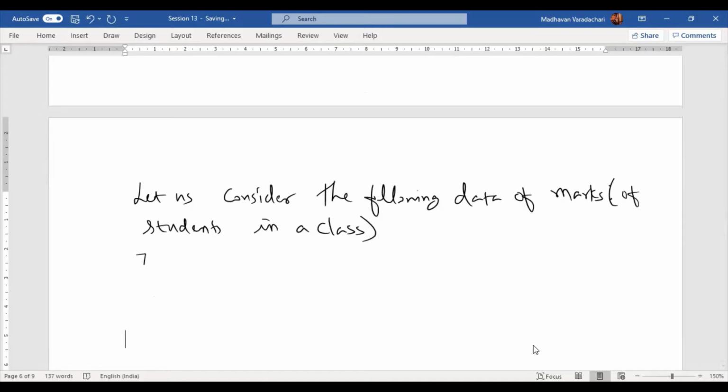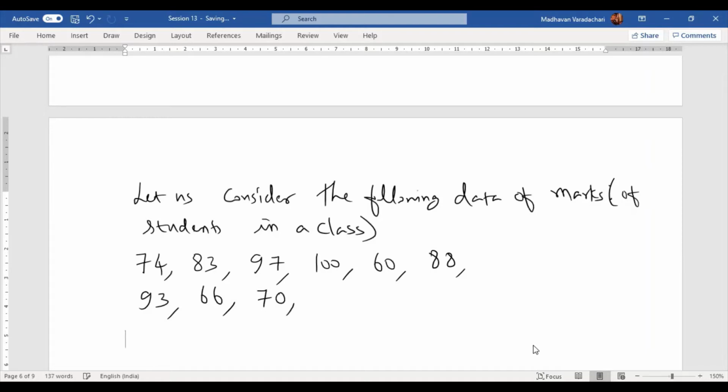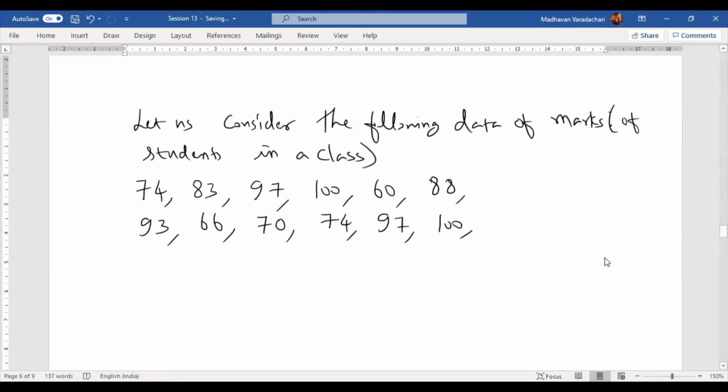So let's say 74, 83, 97, 100, 60, 88, then 93, then 66, 70, and then 74, 97, 100, then 74, 66, 82, then 63, 67, 95.